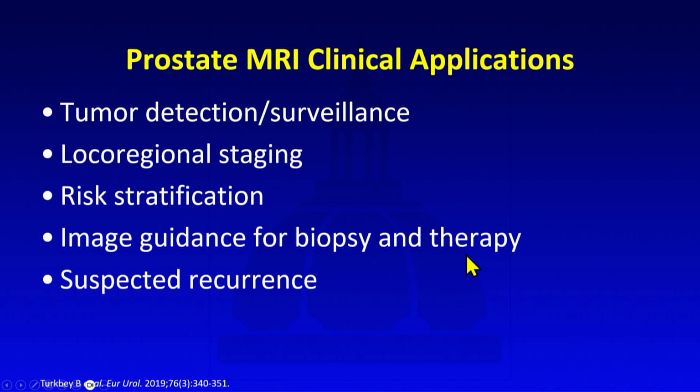There are several prostate MRI clinical applications, including tumor detection or surveillance. I would say that's the primary referral for us. There's some indications for local regional staging, risk stratification, and the image guidance for biopsy and therapy, and to look at suspected recurrence.